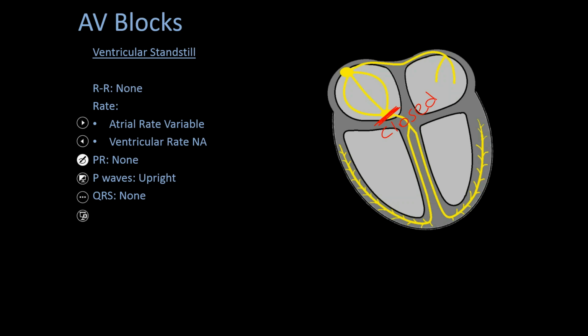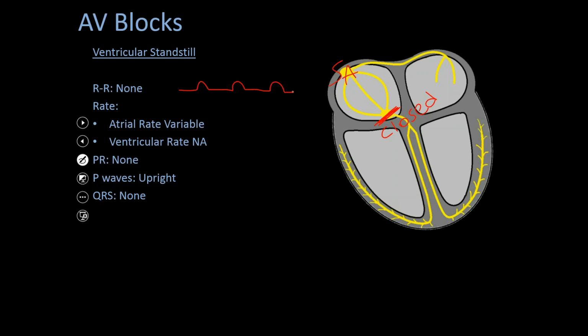Let's say that AV node, that pathway, is completely closed. Say no impulses get down there. Is that going to affect the function of the SA node? No, the SA node has no idea that those impulses aren't reaching the ventricles. It's still going along doing its job, right?